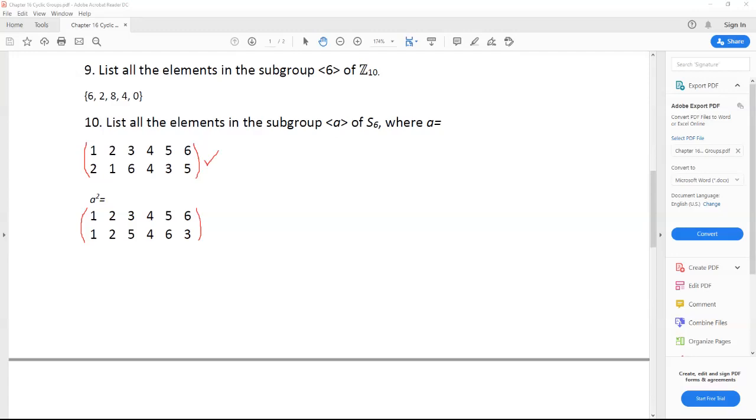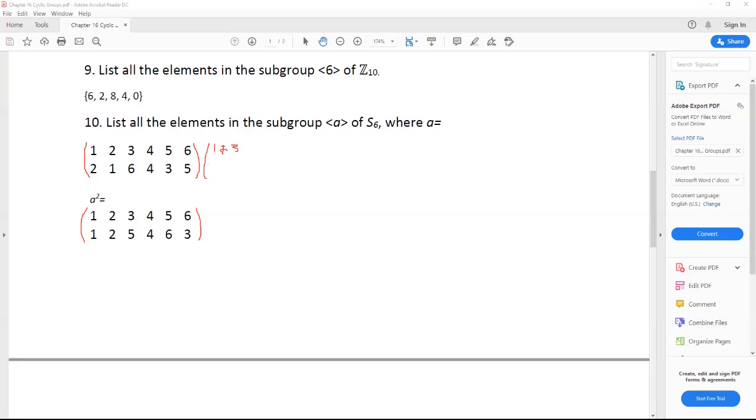And again, if we're doing permutations, then we're going to be doing it in a composite fashion. So we will have to start our operation from the right side and work our way to the left side. For example, if you want to figure out what a to the power of 2 is, we would end up having to multiply a times itself.